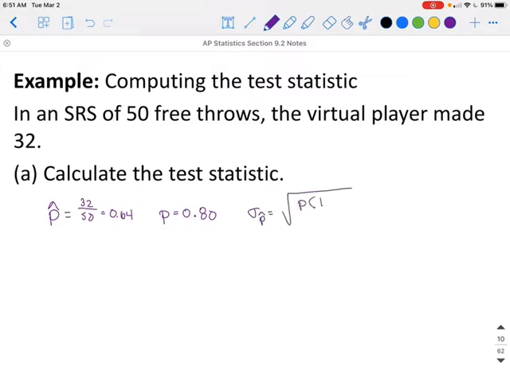Remember, that's going to be the square root of p times 1 minus p all over n, which would be 80% times 20% all over 50, which we had previously found to be 0.0566.